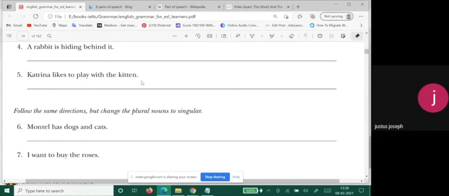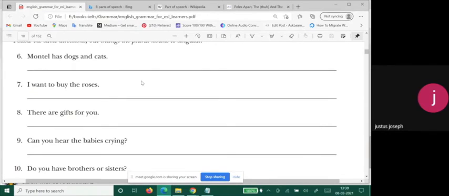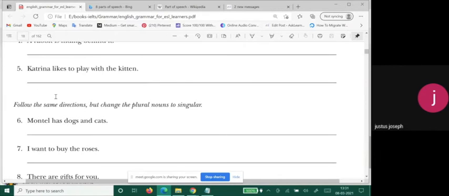Katrina likes to play with kittens. Montel has dogs and cats. Now here, it's already in a plural sense, right? I want to buy the roses. Already in a plural sense, right? Is there something changing? Yeah.